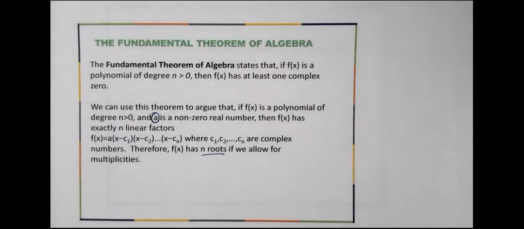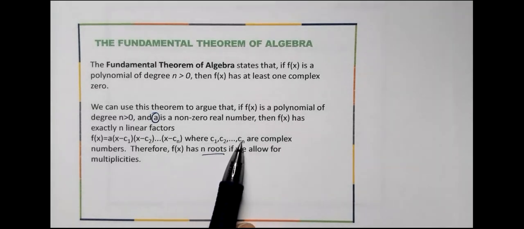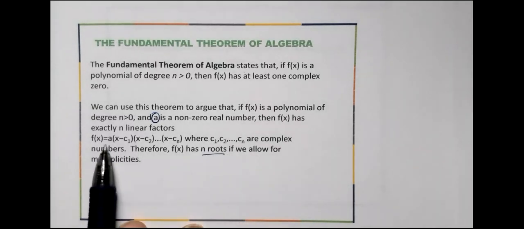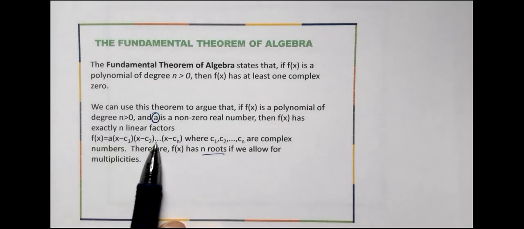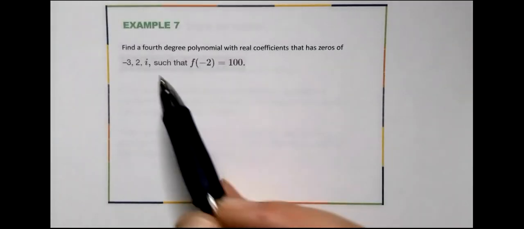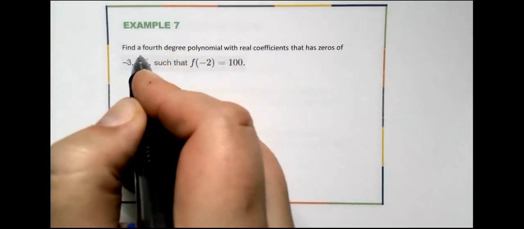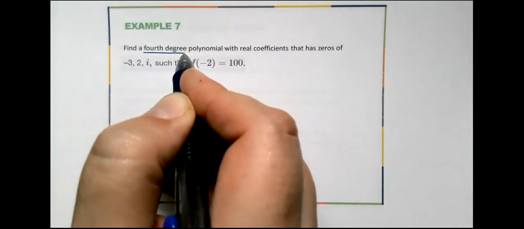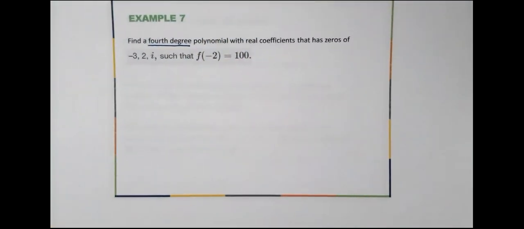So what we want to do is find all zeros, right? And then once we have them, we're going to write our polynomial in this form. All right. So it says that the polynomial is a fourth degree polynomial. So we need either four different roots, or some roots are going to be repeated. But we need 4 all in all.